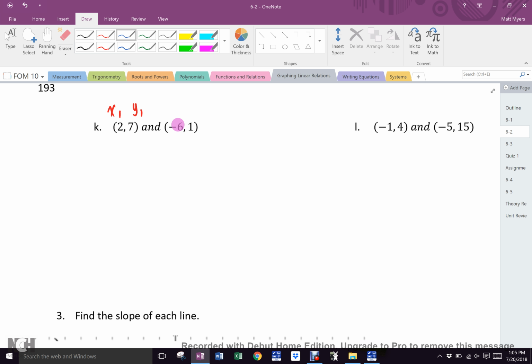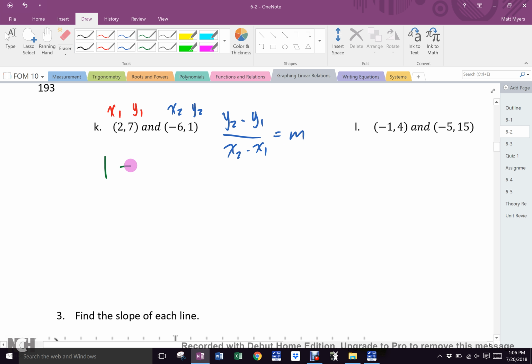y1. This is the second x you see. What would be a good name for that guy? x2. What would this guy be? y2. y2 minus y1 over x2 minus x1 equals slope. Fill that in. What is y2? 1 minus.